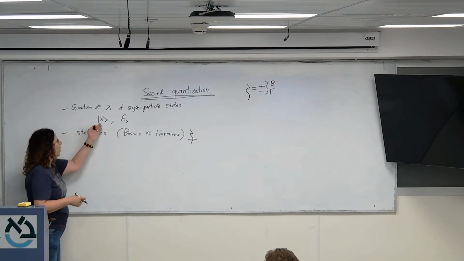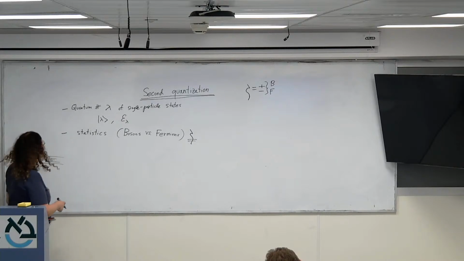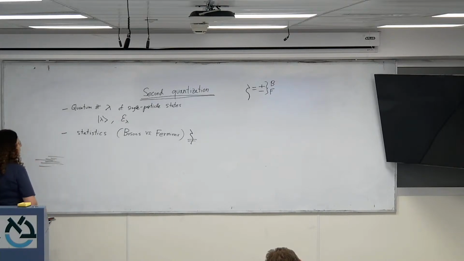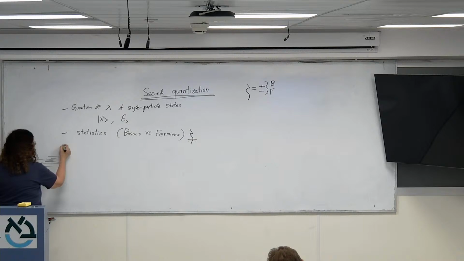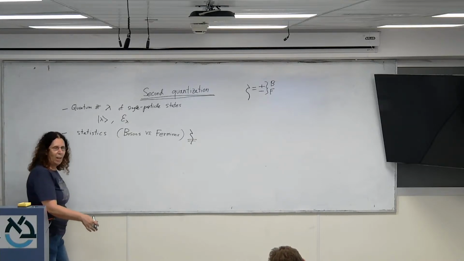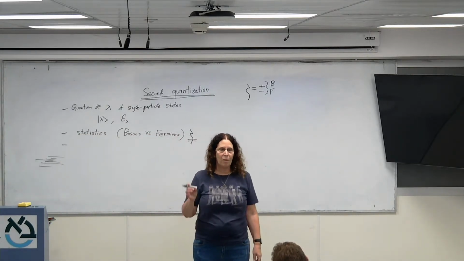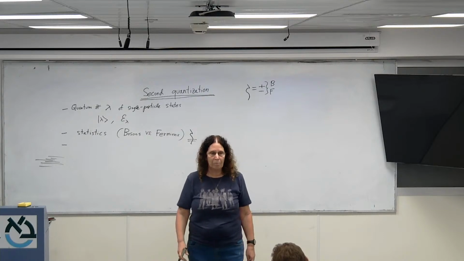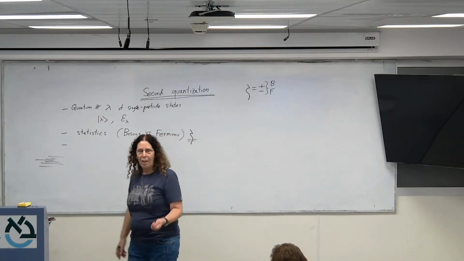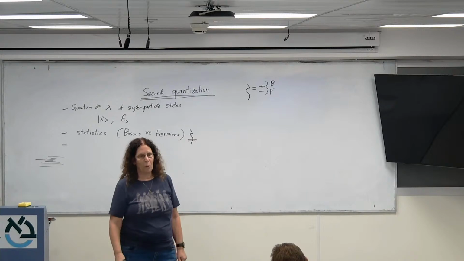In general, every lambda has an epsilon lambda. And now the next piece of information you need to know about your system is how many identical particles we have at each state. Now, because they are identical, that's really the important thing.